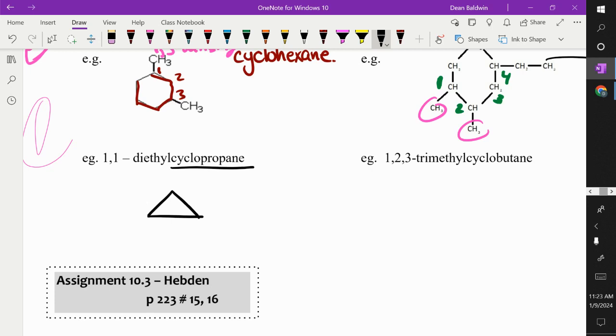Nope, it would just be on one of the carbons, which are the corners. It's on carbon 1. It can be any of them, right? So you could put it here, ethyl, CH2, CH3, and it's on the same carbon, CH2, CH3. But you could draw it this way.